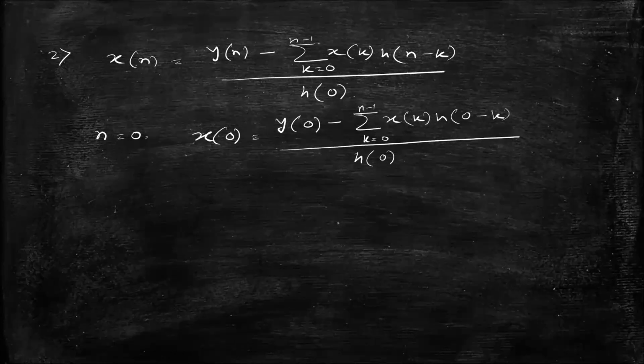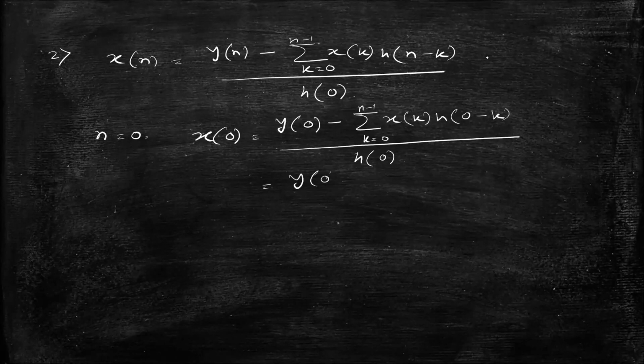So for n = 0, the sum value will be 0. So that means the part will become y of 0 by h of 0.